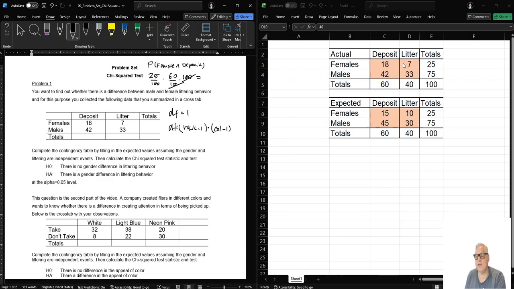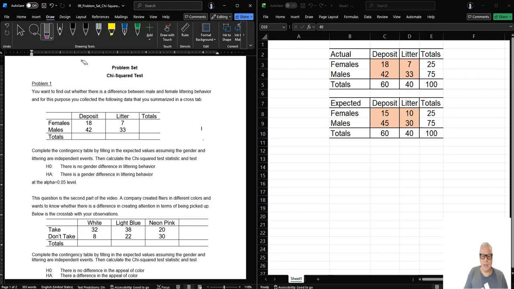So here we have 2 rows and 2 columns. So this is 2 minus 1 times 2 minus 1, which is 1. So we have 1 degree of freedom here.